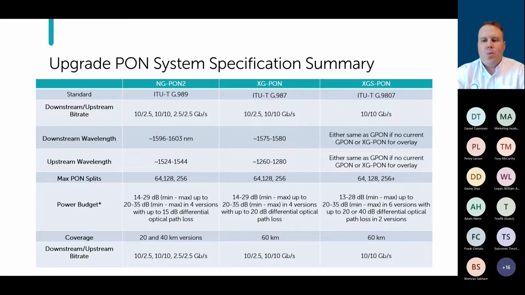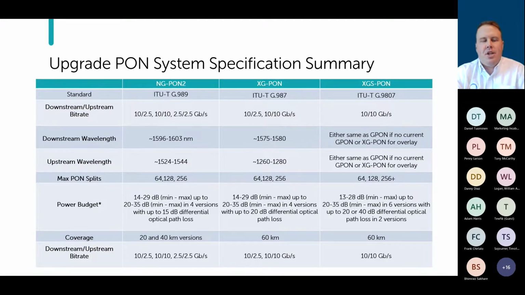One thing I did want to touch on: if you hear these terms, NG-PON, or let's say you have a small NG-PON2 network that you're supplying some customers with but you want to upgrade, the XG-PON and the XGS-PON operate on different wavelengths.